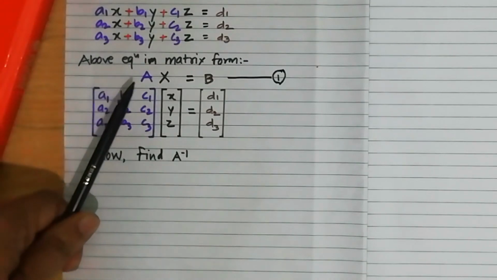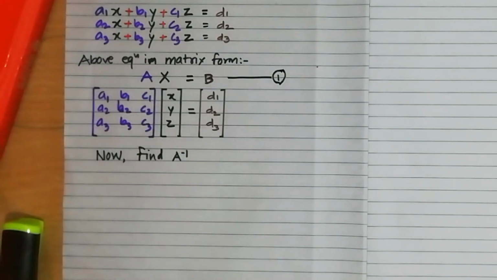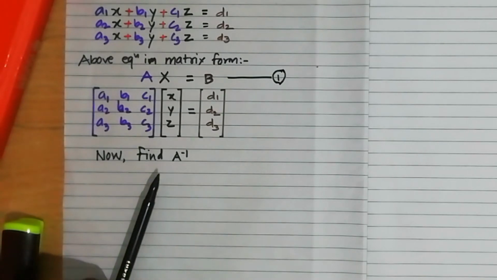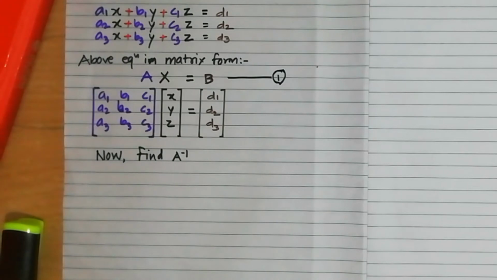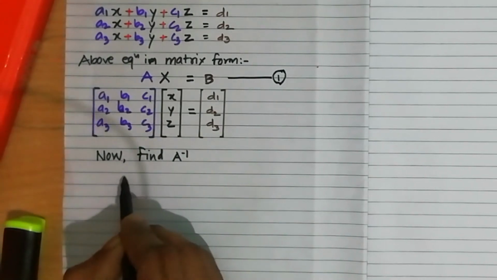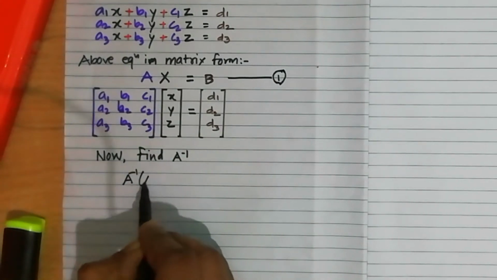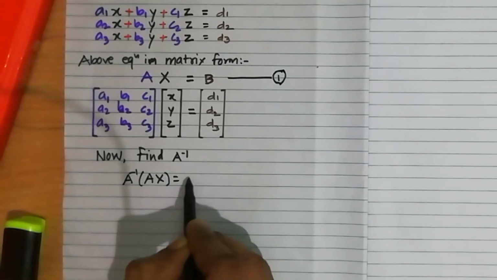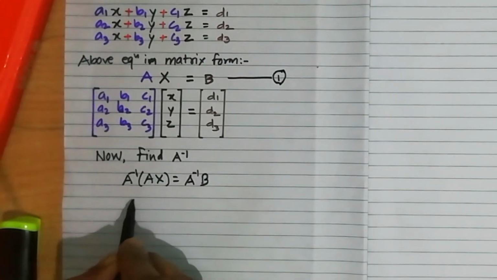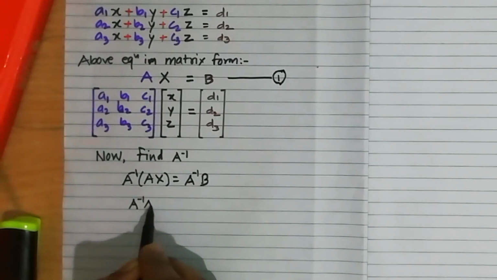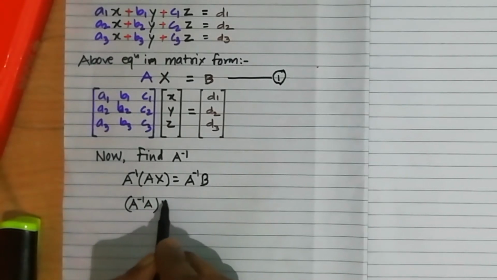Also, I am going to call this equation number 1. Now I am going to pre-multiply equation 1 by A inverse. So what happens? See, A inverse into AX is equal to A inverse into B. As per the associative law, you can write A inverse into A together.